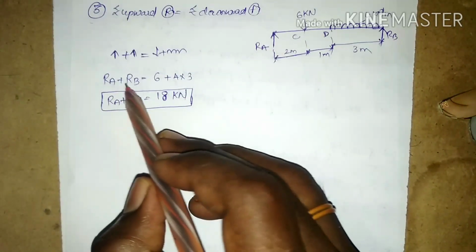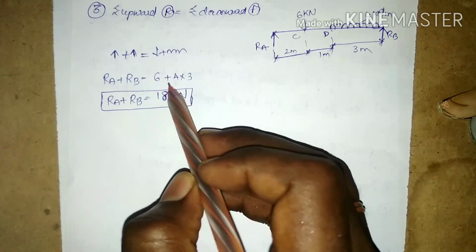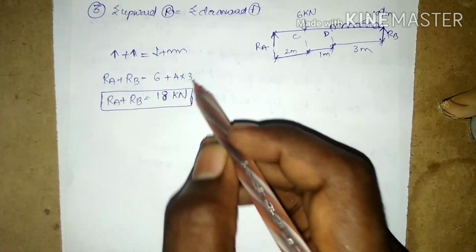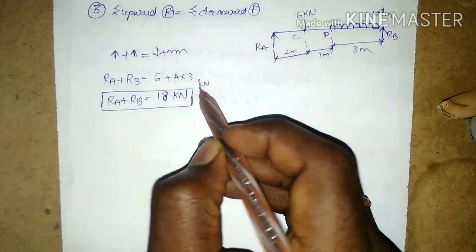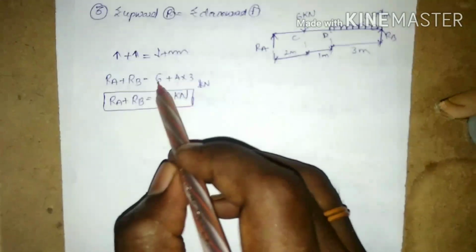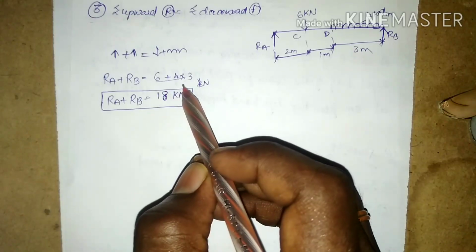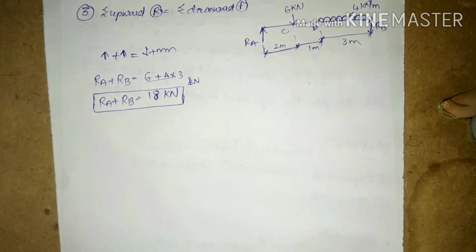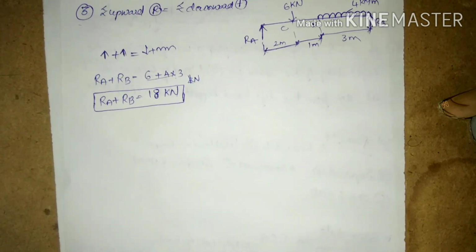Similarly, RA plus RB is equal to point load plus the UDL, which we convert to a point load, in kilonewtons. Next, addition of these 6 and 12 will be 18 kilonewtons. Here we are having the combination RA plus RB is equal to 18.